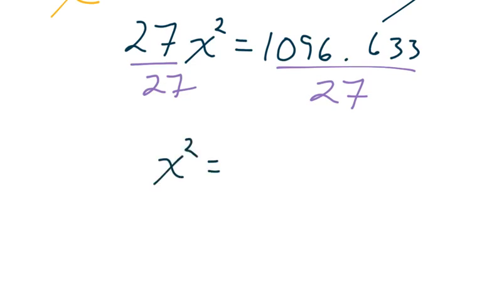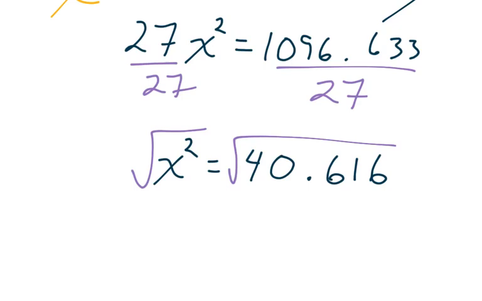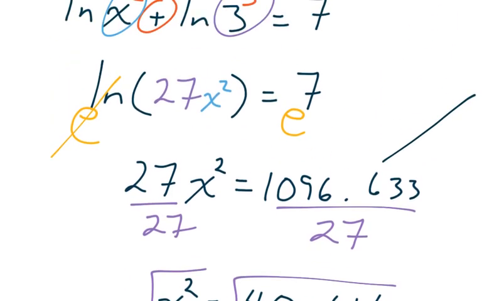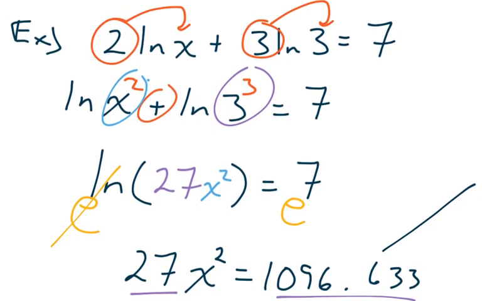So we get x squared equaling about 40. But leave that on your calculator so that you can take the square root of both sides. Now, the square root of 40 is about 6.3. But this time we don't want the plus or minus, because you can't do the log of a negative number.